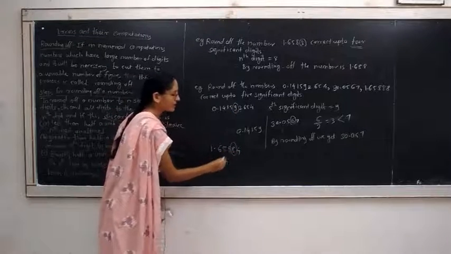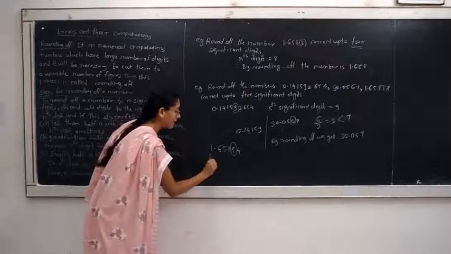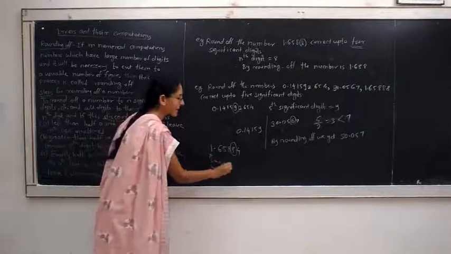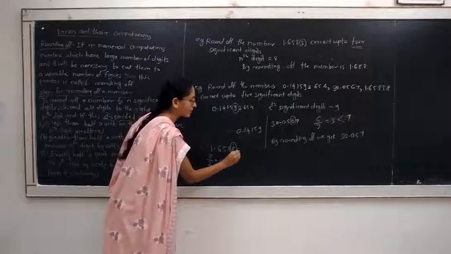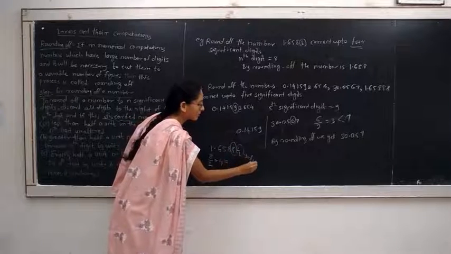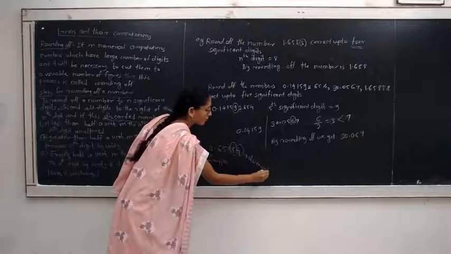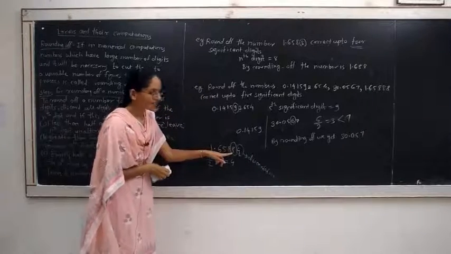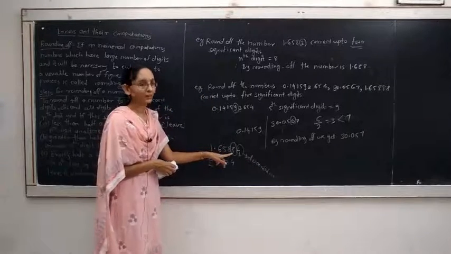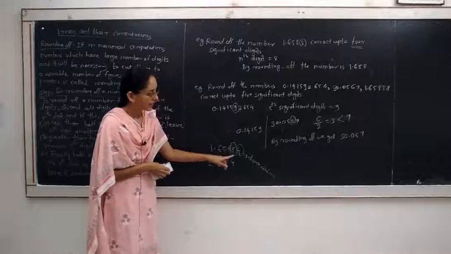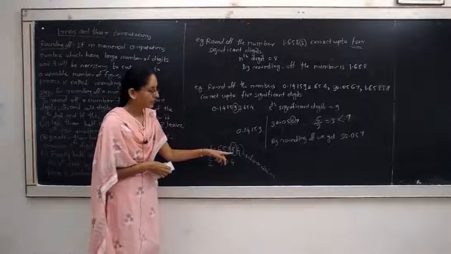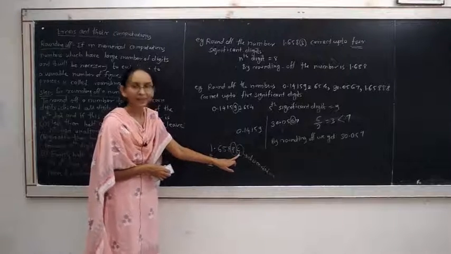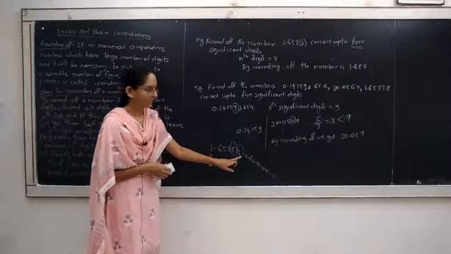The fifth significant digit is 8, its half is 4, and this 4 is the same as the discarded number, which is again 4. Hence, half of the unit in the fifth significant figure is equal to the discarded number.